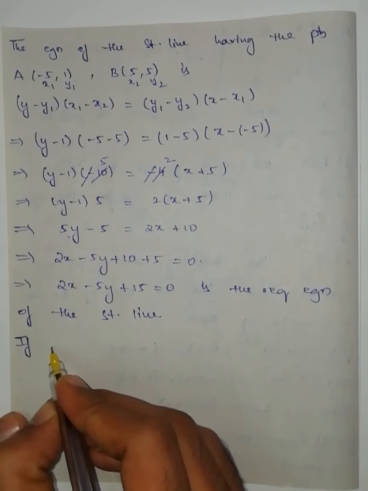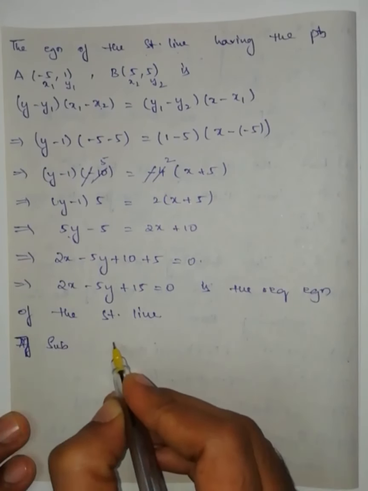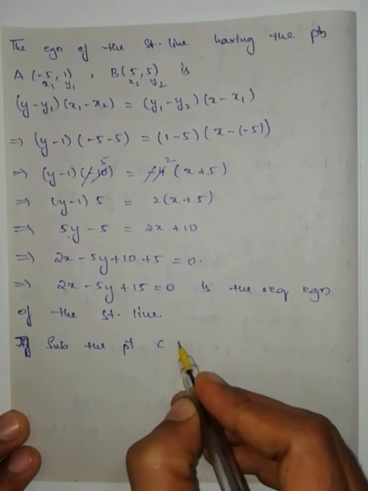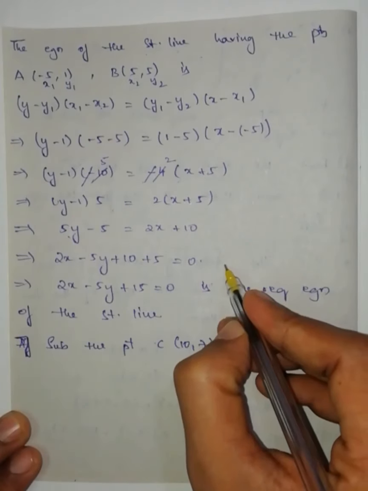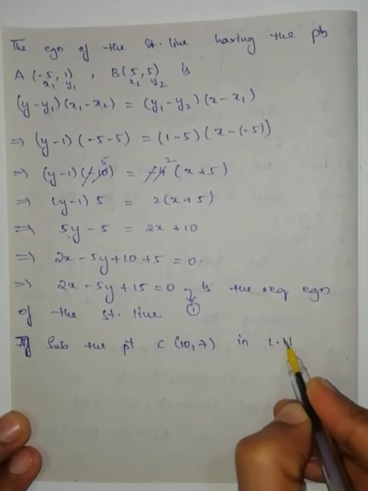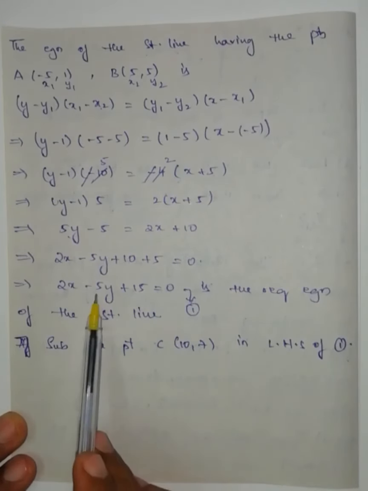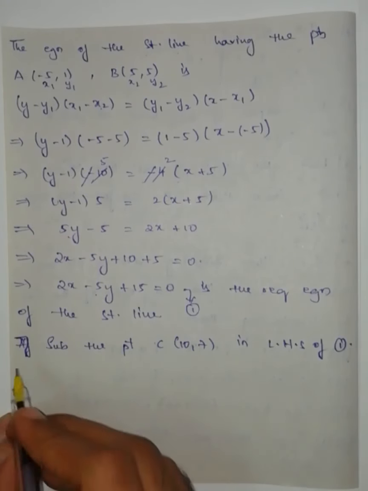Now substitute the point C, which is (10, 7), in the LHS of equation number 1. If I substitute in the LHS and we get the RHS, then it is satisfying.